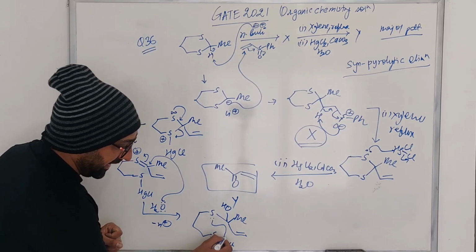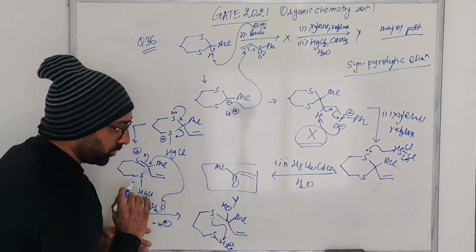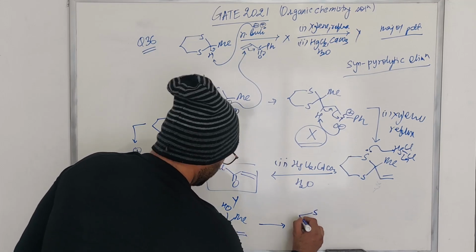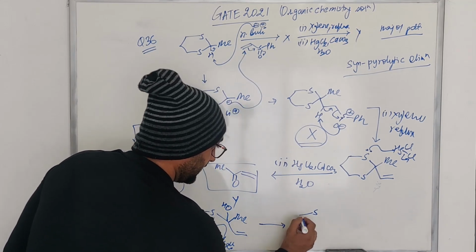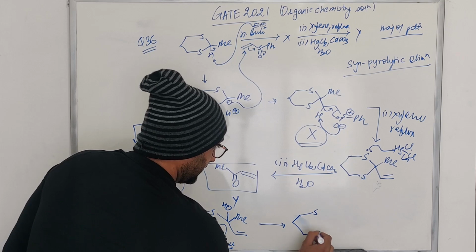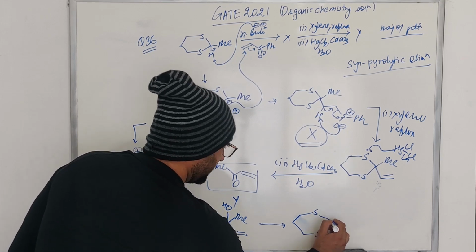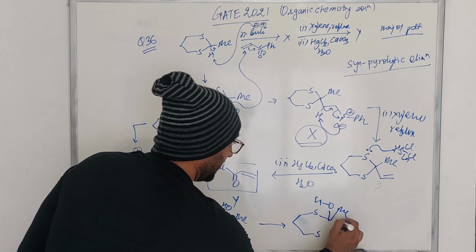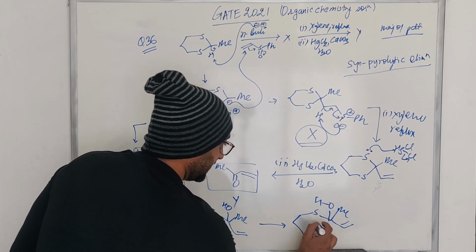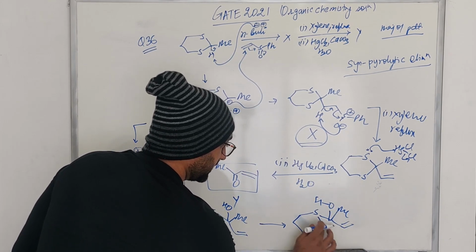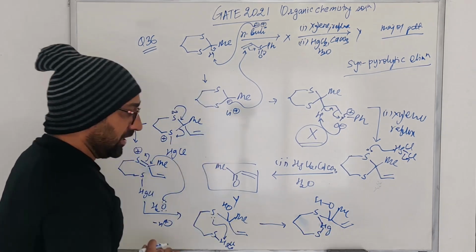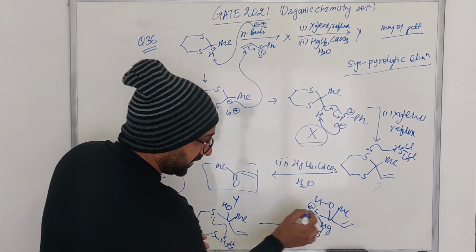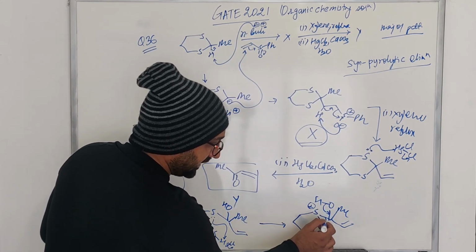So it attacks this mercury, and this chloro leaves. So what you form is basically sulfur, and you have this OH, this methyl, this, and here you have mercury, Hg, right? After that, as soon as the sulfur attacked this, the sulfur becomes protonated, so this comes back and it leaves.